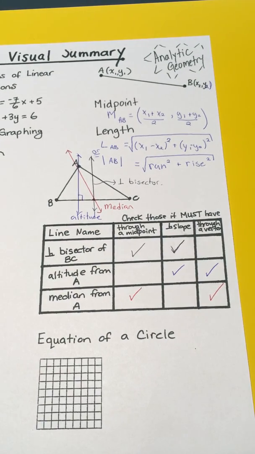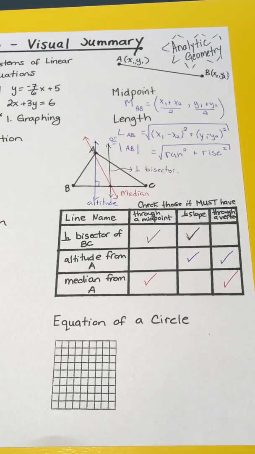And then you just applied your knowledge of slope and parallel and perpendicular lines to figure out more specific things about certain shapes. The last thing we did was equation of a circle, and we did them centered at the origin only.